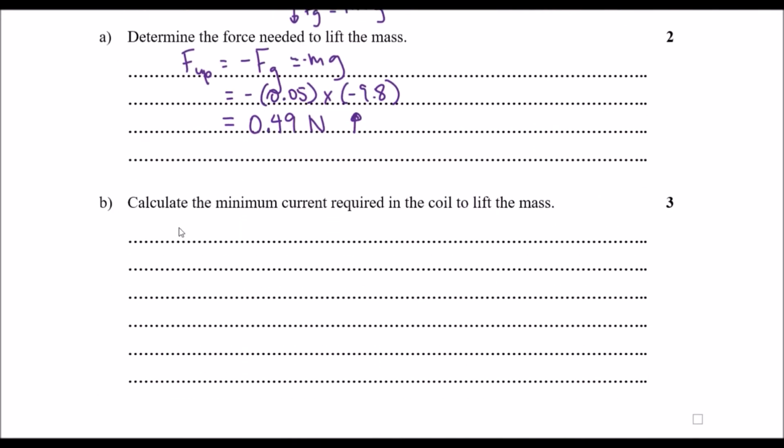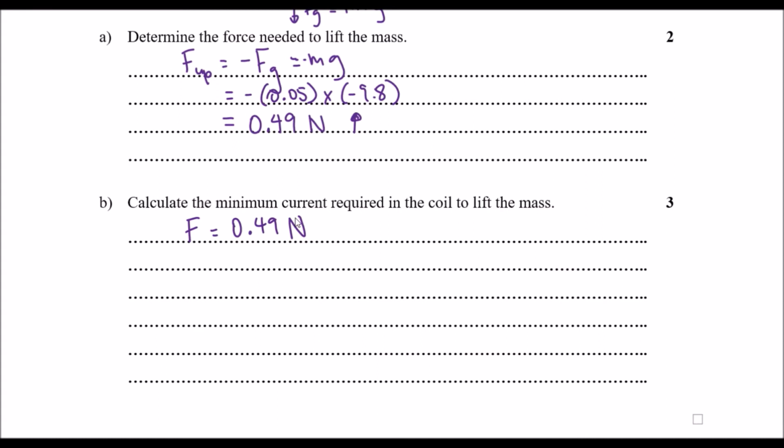In our second question, it says calculate the minimum current required in the coil to lift the mass. So we've worked out what the force is. Okay, so we have the force to pull it up, 0.49 newtons.